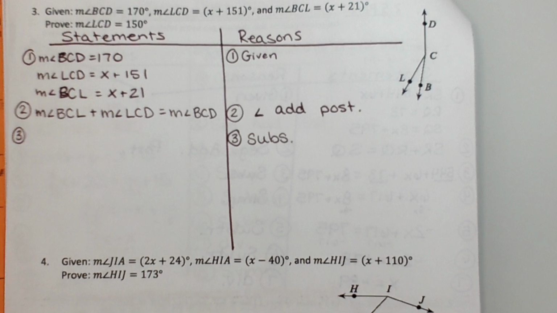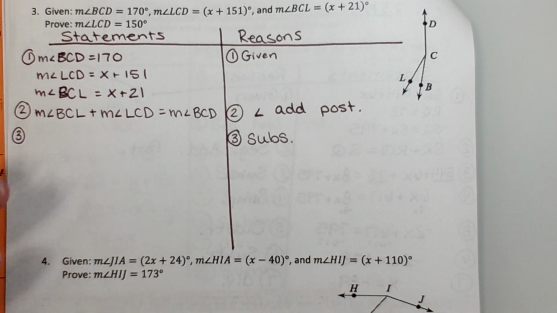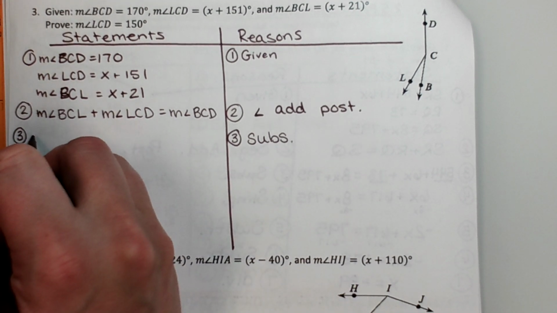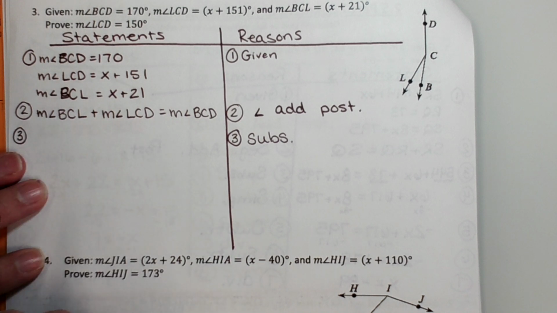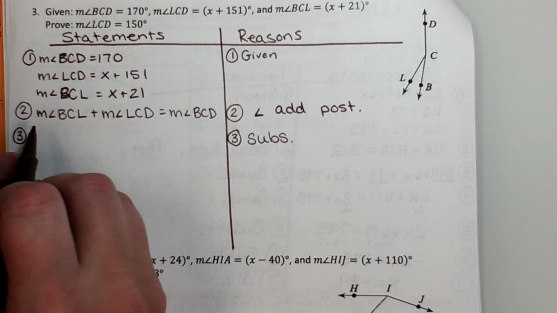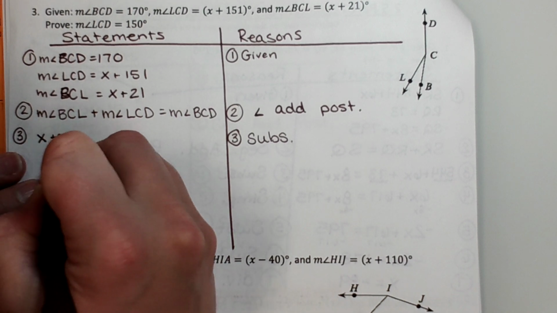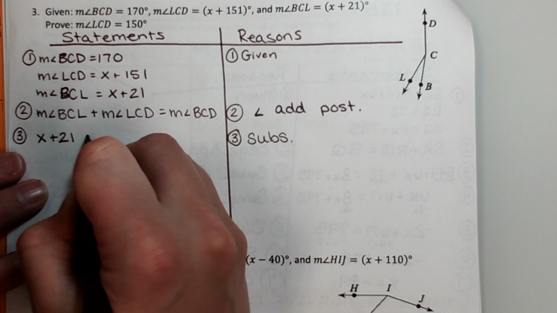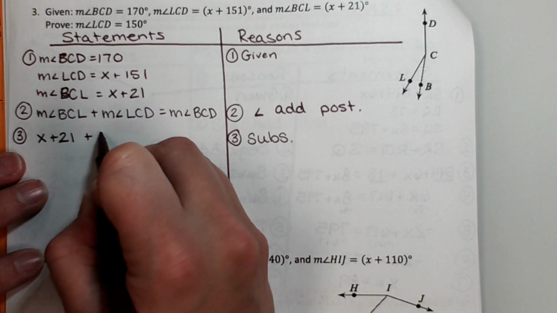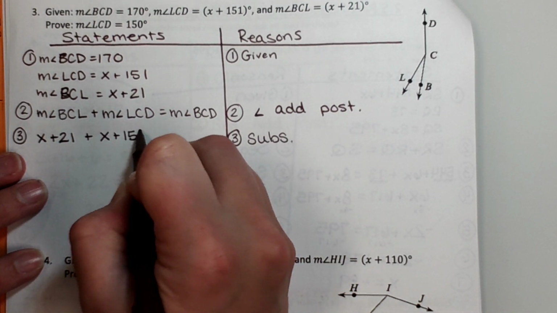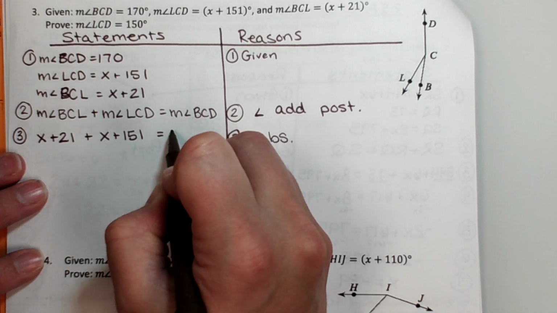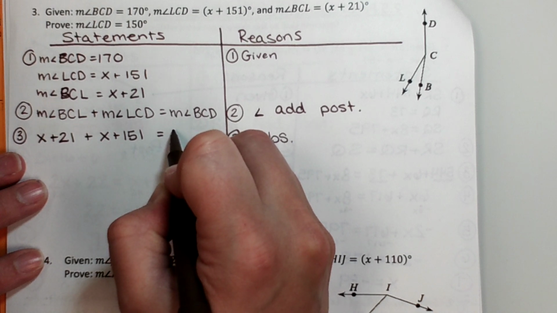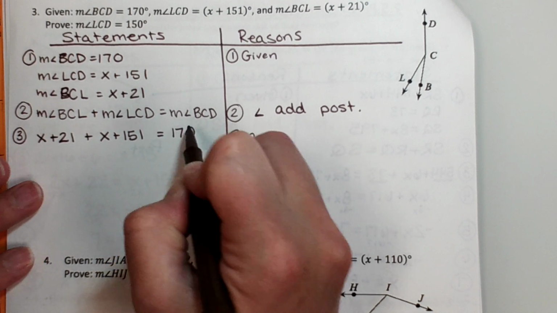Cam, when I substitute in, what's it going to look like? 170 or x plus 21. Yeah, let's start with that. x plus 21, because that's the measure of BCL, plus x plus 151. You got it, equal to... you got it.